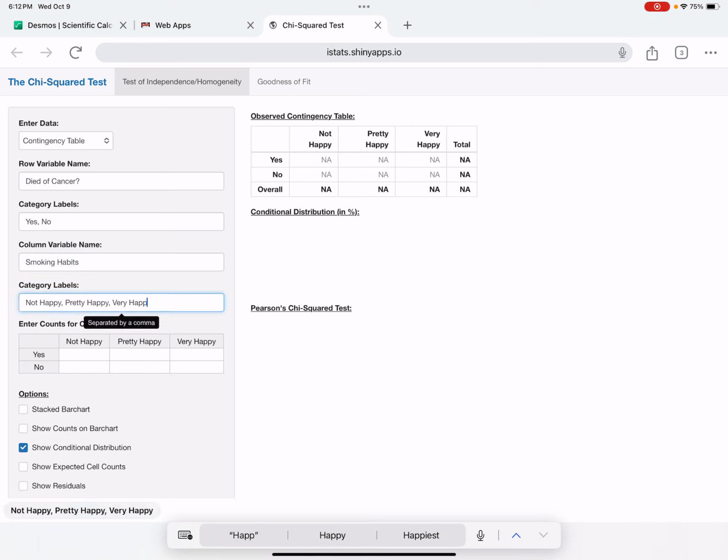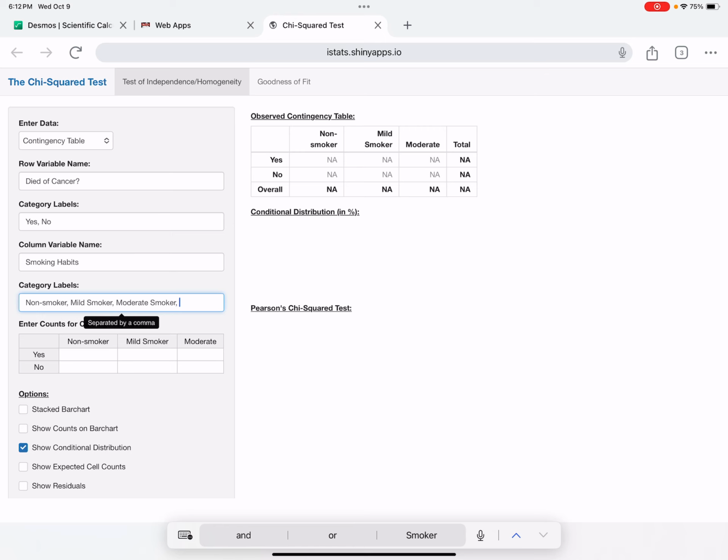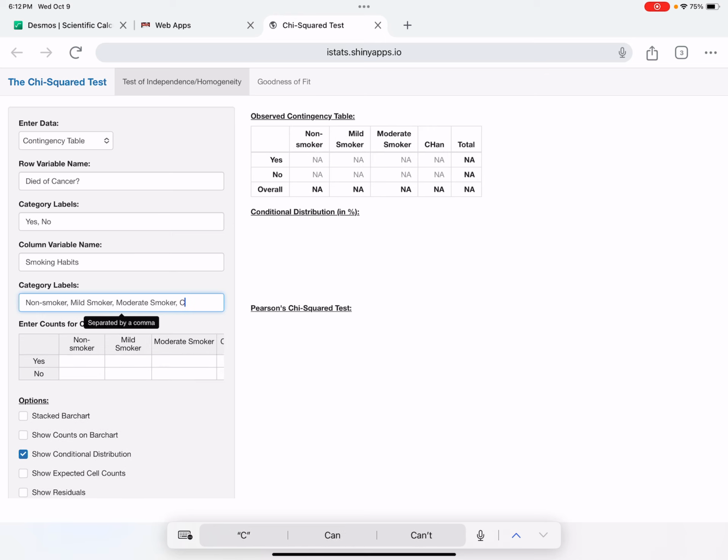And we had 4 categories there: non-smoker, mild smoker, moderate smoker, and chain smoker.